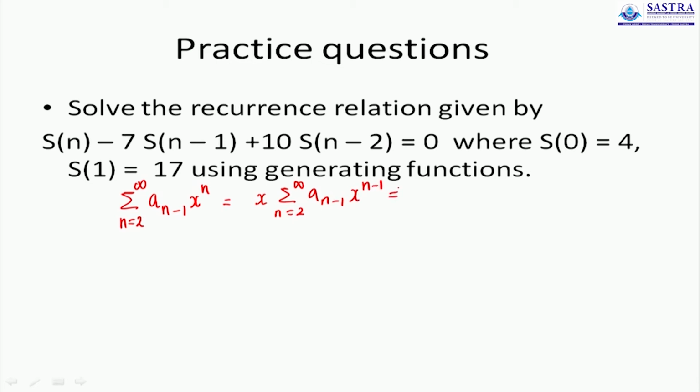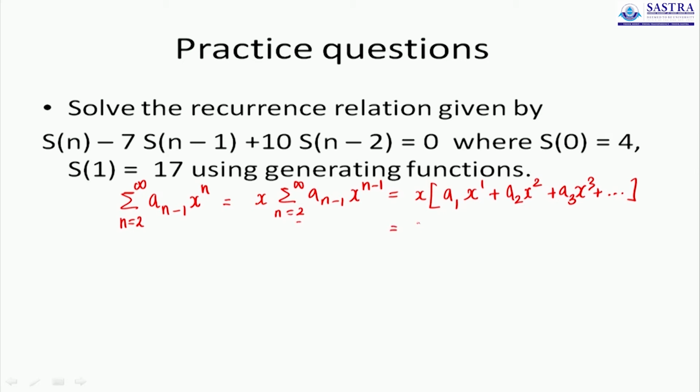Now this is nothing but x times, when n is 2, n minus 1 is 1, a1. Now the indices are identical, a2 x squared, a3 x cube, and so on and so forth. So that is what we have as the summation.